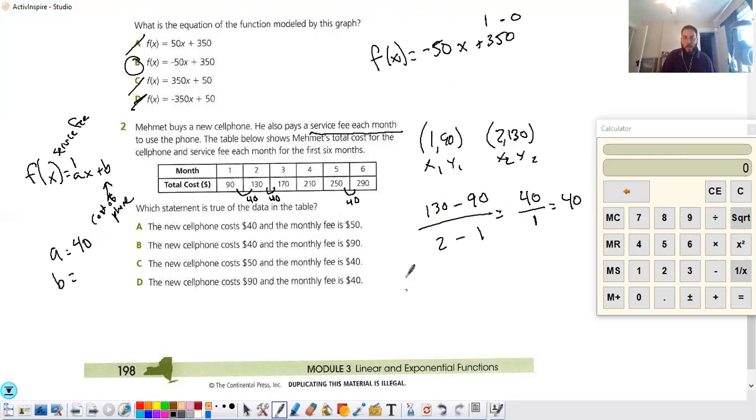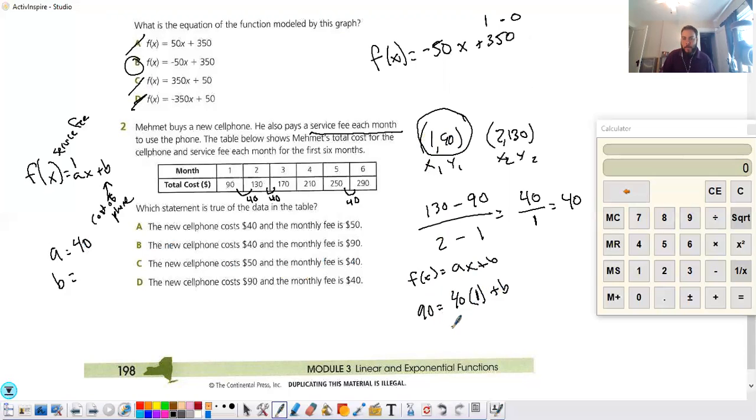So then if we want to find our y-intercept, we take 1 point. I'll take the first point and we substitute it in for our formula. So f of x equals ax plus b. Substitute for f of x our value here, the output, or our y. So 90 equals, we take our rate, 40, and we substitute in our value 1 for x, plus b. 40 times 1 is 40.